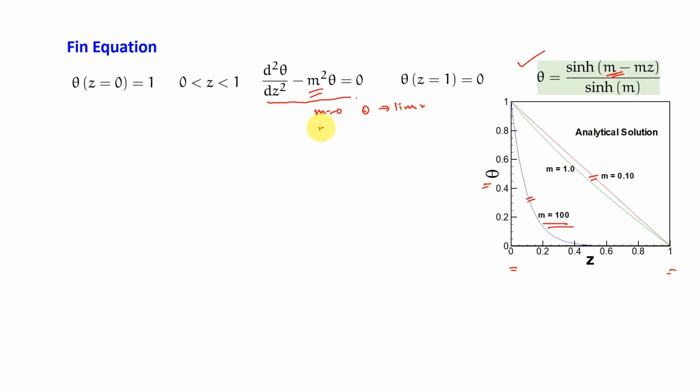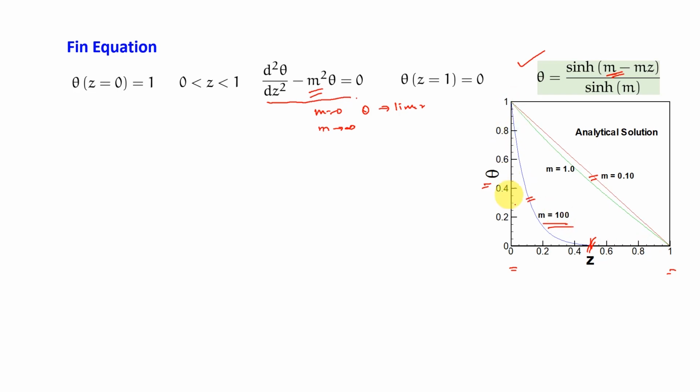Similarly, for m tending to infinity, if m is very, very large, then you will see that this second term will probably be very large in most of the domain. So in most of the domain, theta will be close to 0, and you can see that when m becomes large, theta reaches 0 almost near z equals 0.5. So in about half of the domain, theta is actually 0.